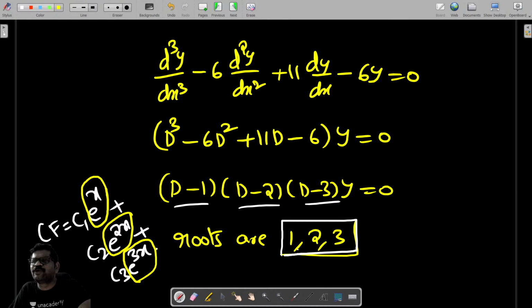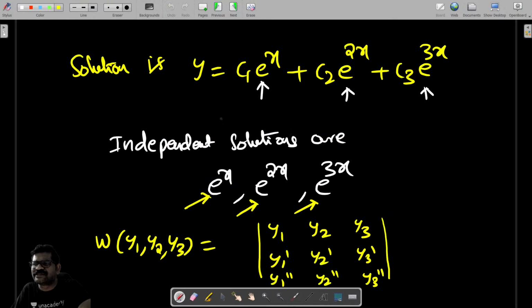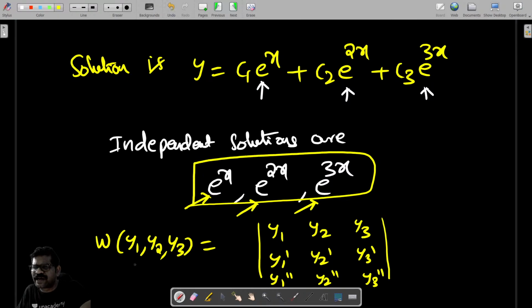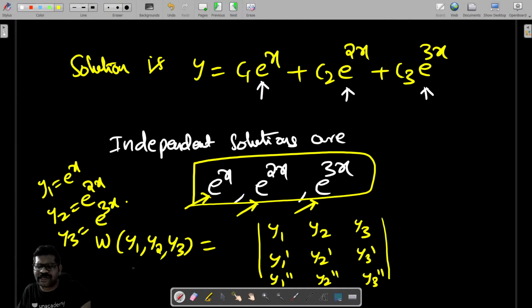So what we have to do? With the help of these independent solutions, you have to write the Wronskian. So in the Wronskian, y1 is nothing but e power x, y2 is nothing but e power 2x, y3 is nothing but e power 3x. So you have to write y1, y2, y3.